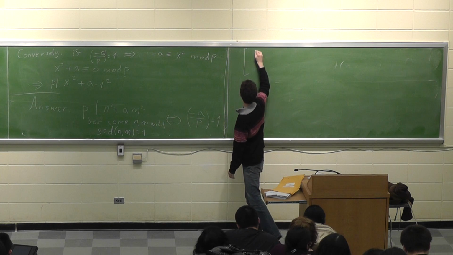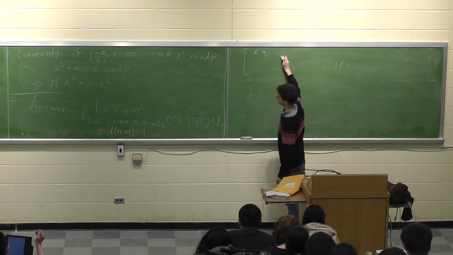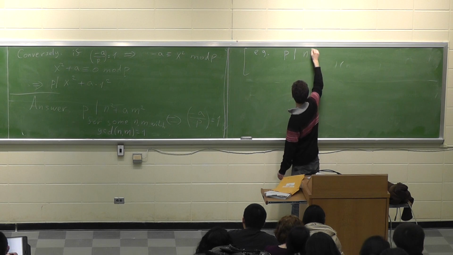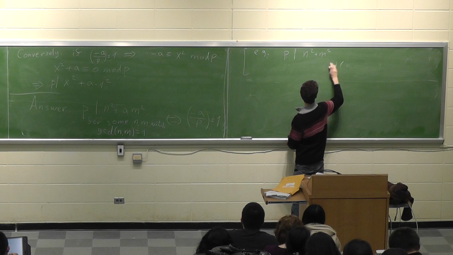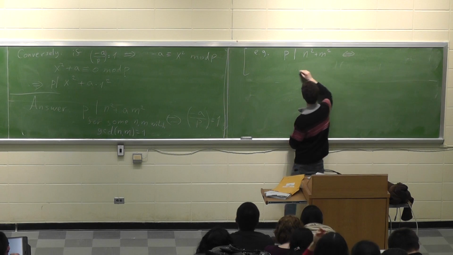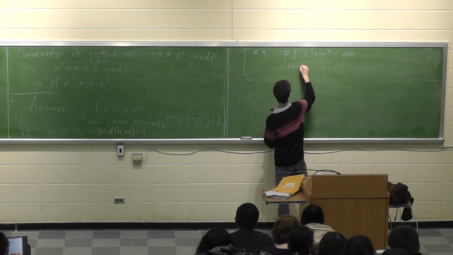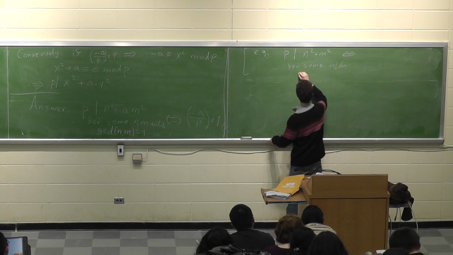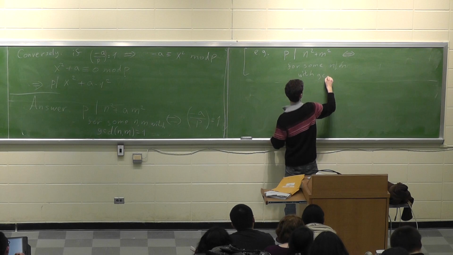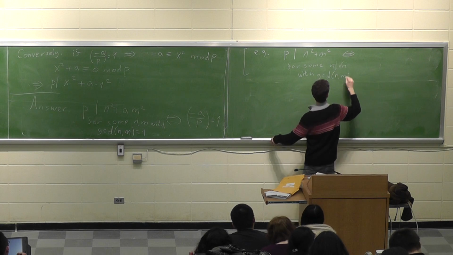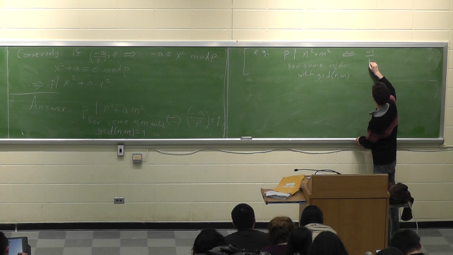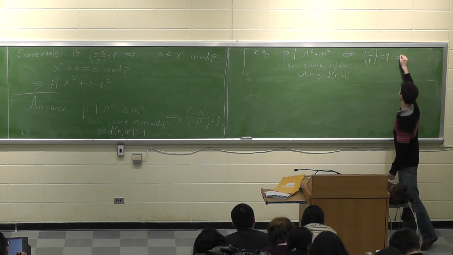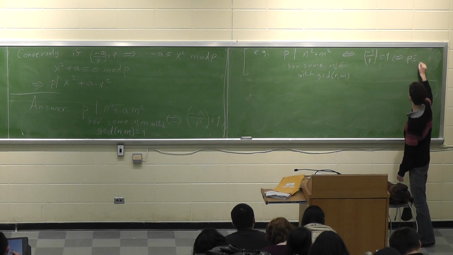For example, p is a divisor of n squared plus m squared, p prime, if and only if minus 1 is a square modulo p, if and only if p is 1 modulo 4.